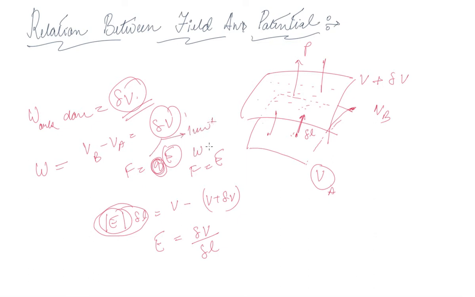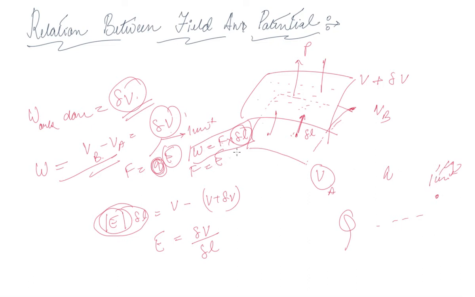Work done is equal to force into displacement. This is del L. If you're talking about work done, the work done is equal to the change in potential, that is del V. So F is equal to E for unit charge, that is for potential. The potential at this point is due to a unit charge Q, where the value of Q is equal to 1.